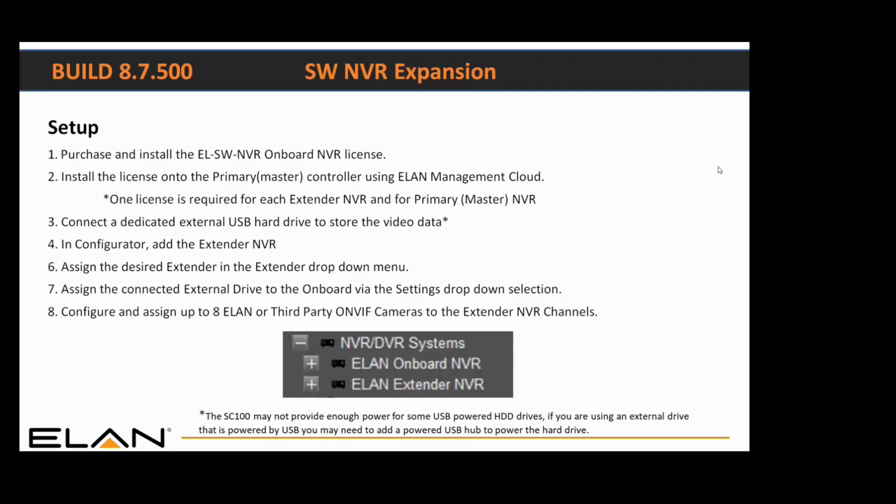So the setup, now I'm not going to go over this in detail, but in case you guys review this after the fact, this will be here. But basically, what you want to do is purchase and install the SW-NVR license, and that goes right to the master controller. So again, like Jeff said, if you have 3 controllers that you're going to be doing this on, 2 extenders and 1 primary controller, you're going to buy 3 licenses and put them all on the primary controller.